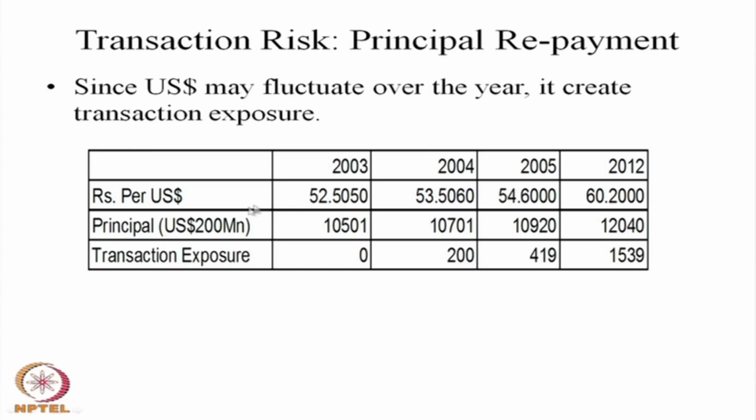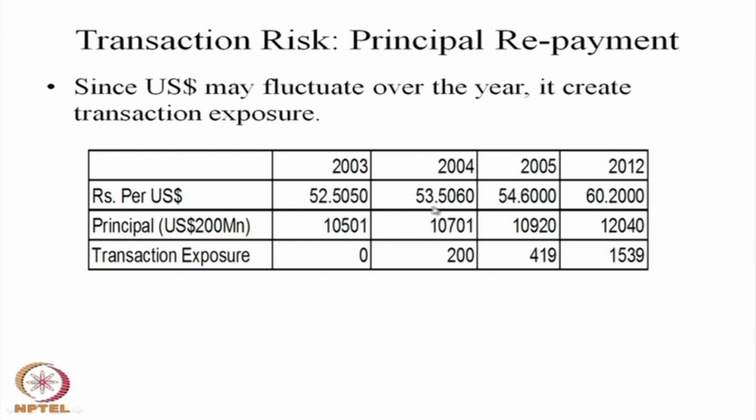But how much did he get? He got 10501 as principal, but because the dollar is fluctuating and the actual repayment took place in 2012, at that time he will pay 12040. So he received 10501 in 2003. If the rate remained constant at 52.50, there would be no transaction exposure.